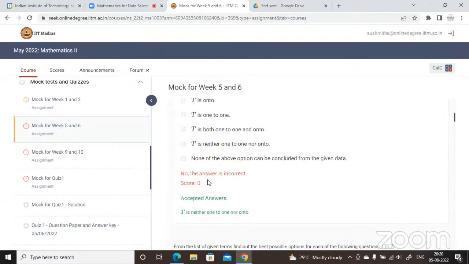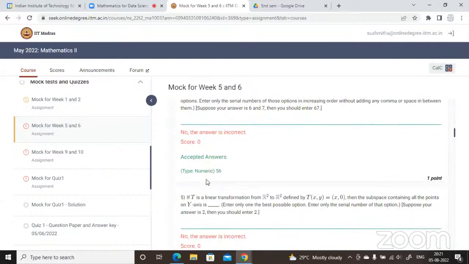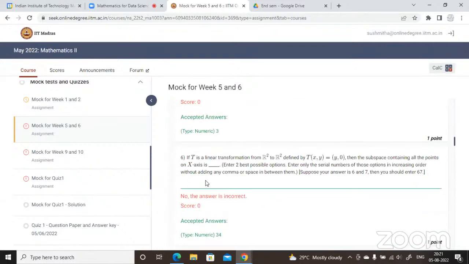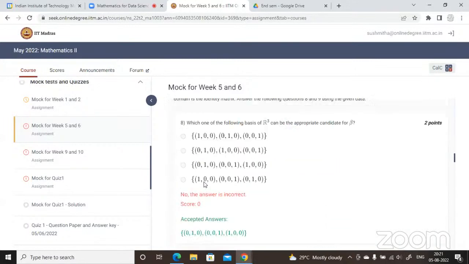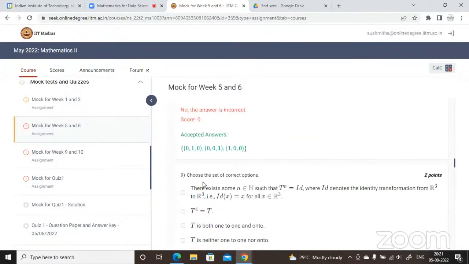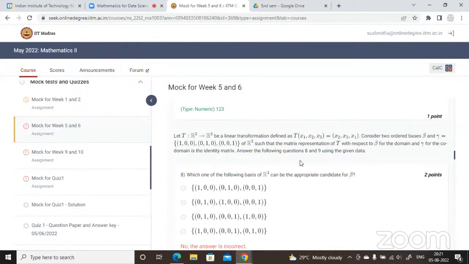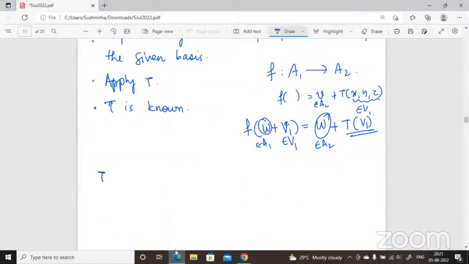After T3, the same transformation appears. What is T? Did you find out T? Oh, it's given. T of x1, x2, x3 is x2, x3, x1.